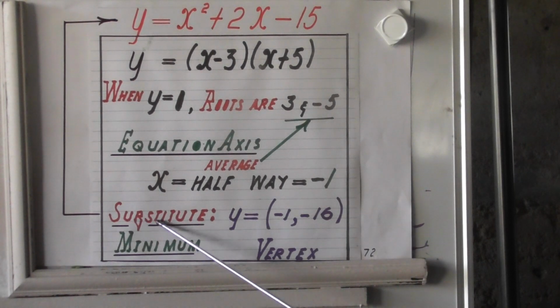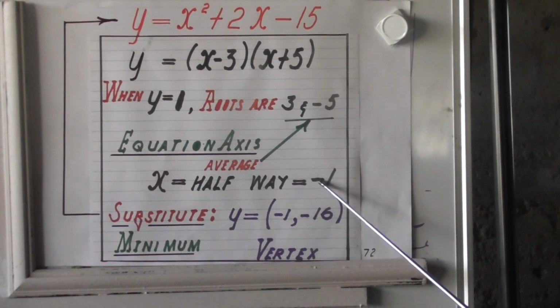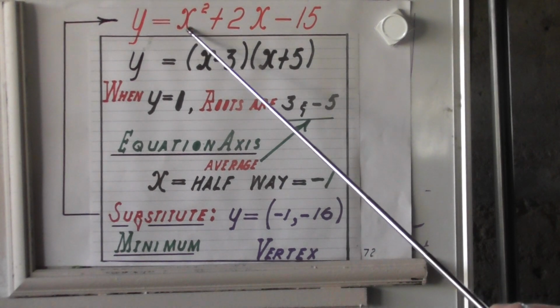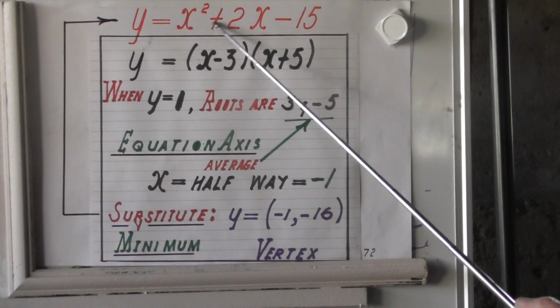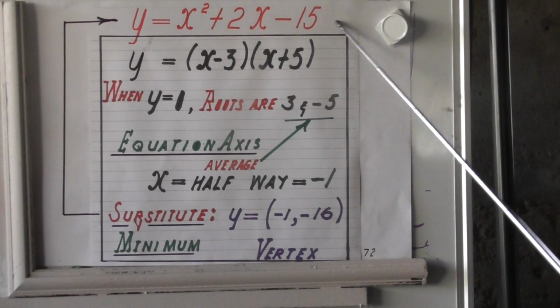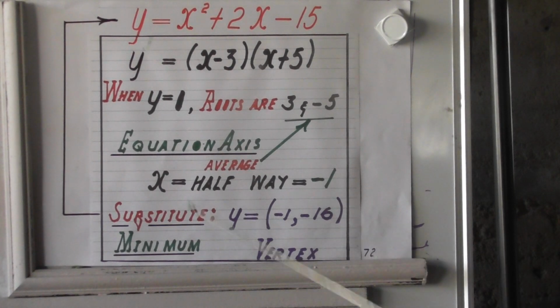Then we have to substitute this negative 1 in here. 1 minus 2 minus 15 is negative 16. And then the y is negative 16. That is way down. It's a minimum. This is called the vertex. In this case, minimum means the lowest point.